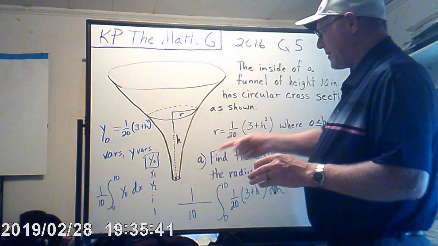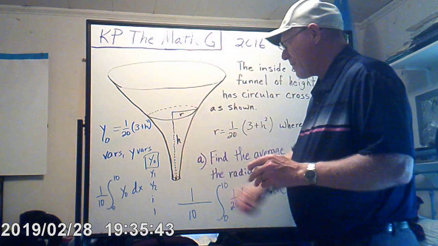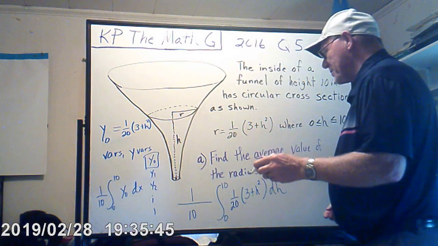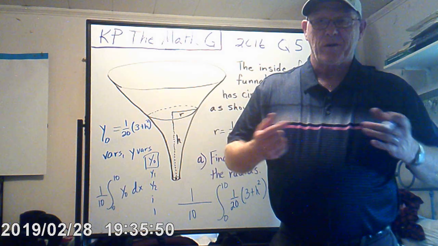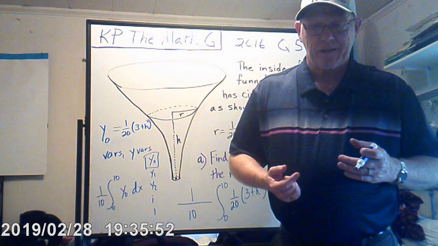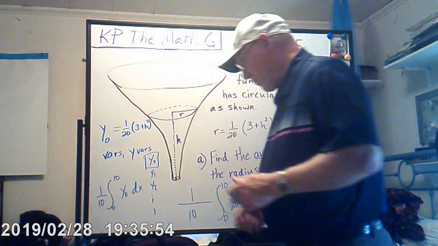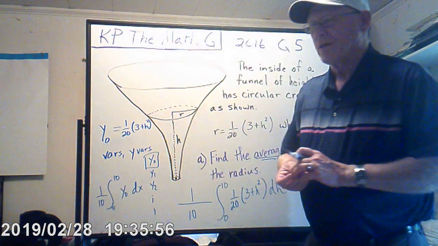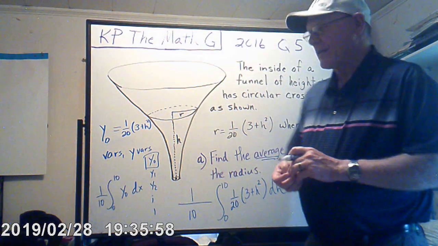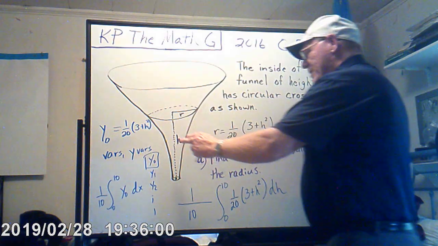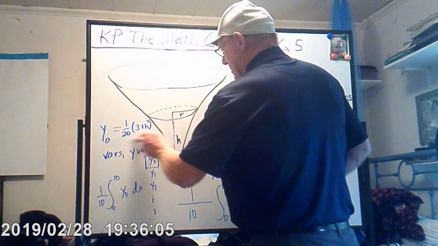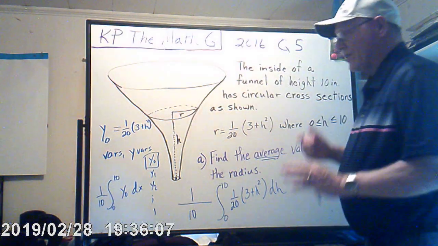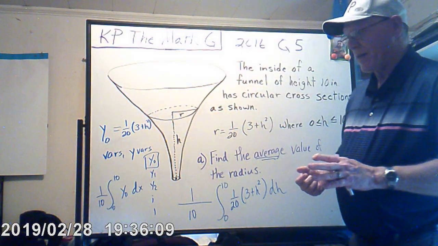If you mistake this to be a volume of a cone, you know that the volume of a cone is 1/3 pi r squared h. You're going to use that 1/3 in there. No, you don't do that. Just understand by the reading that this is it right here. R and H are already represented here.